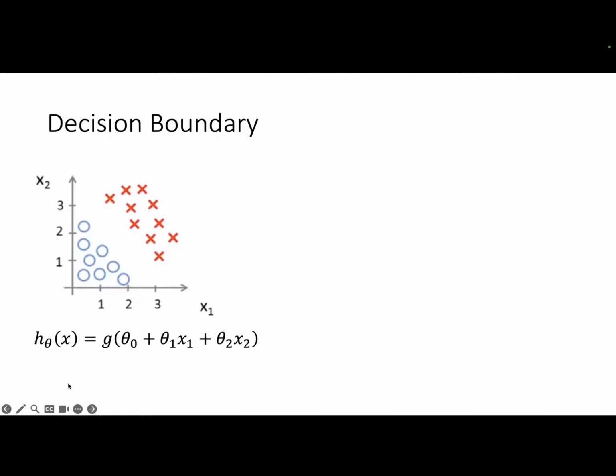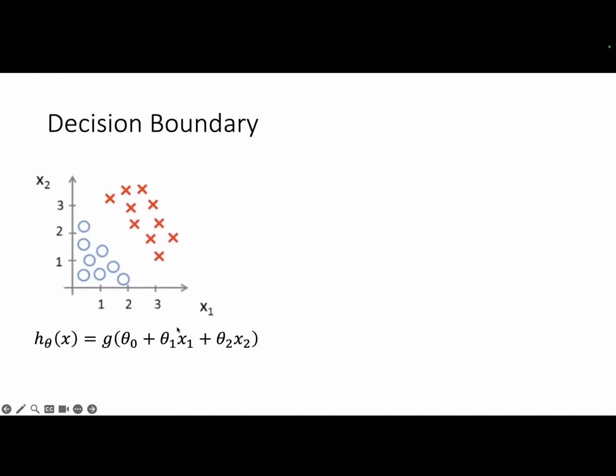Okay, let's say this is our hypothesis. This is nothing but theta sub t times x. Okay, nothing has changed from what we did before. Now, x1 is one feature, and x2 is another feature.